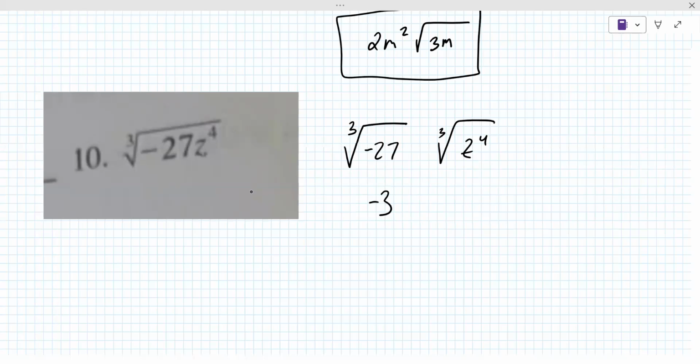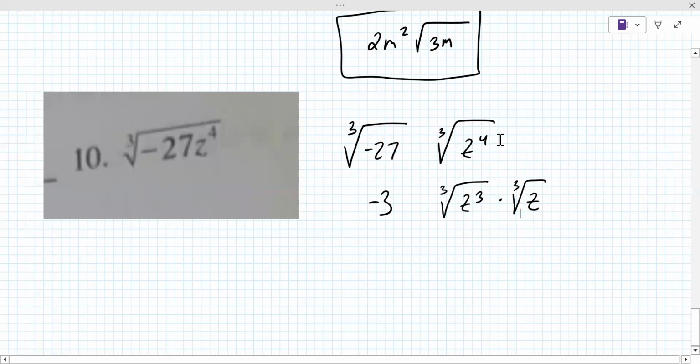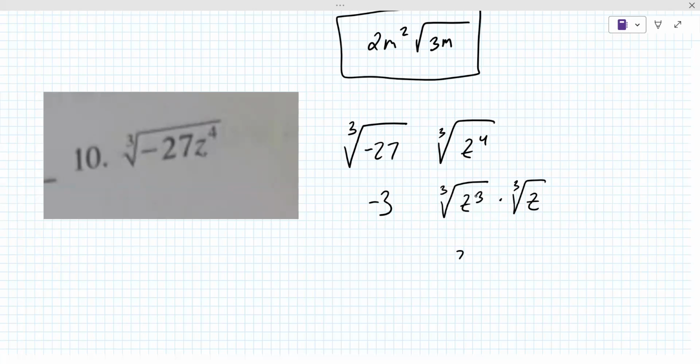So this one here, you've got to look at it as like we were doing before. You break this apart into the cube root of z cubed times the cube root of z. Basically, that 4 breaks down to a 3 and a 1. So in this case, the 3 and the 3 cancel each other because it's really z cubed to the 1/3 power.